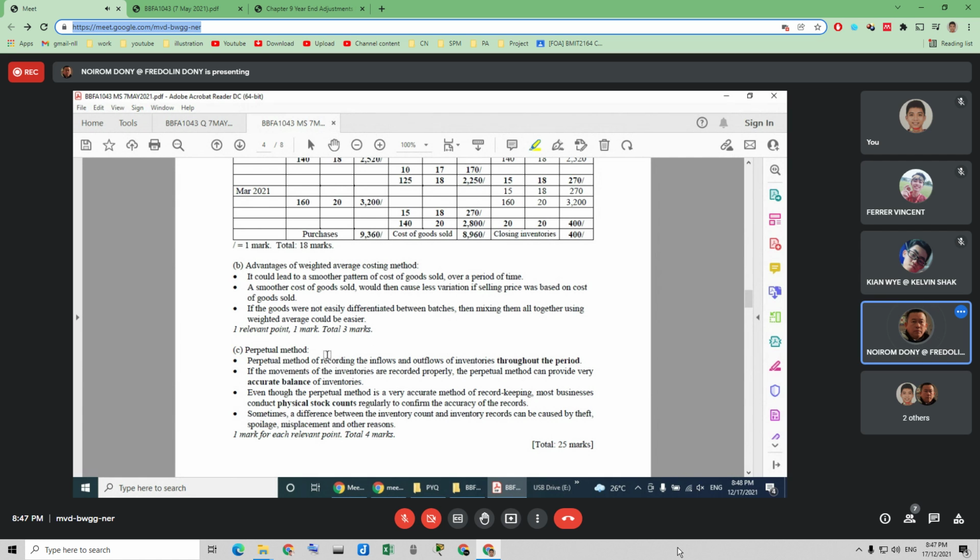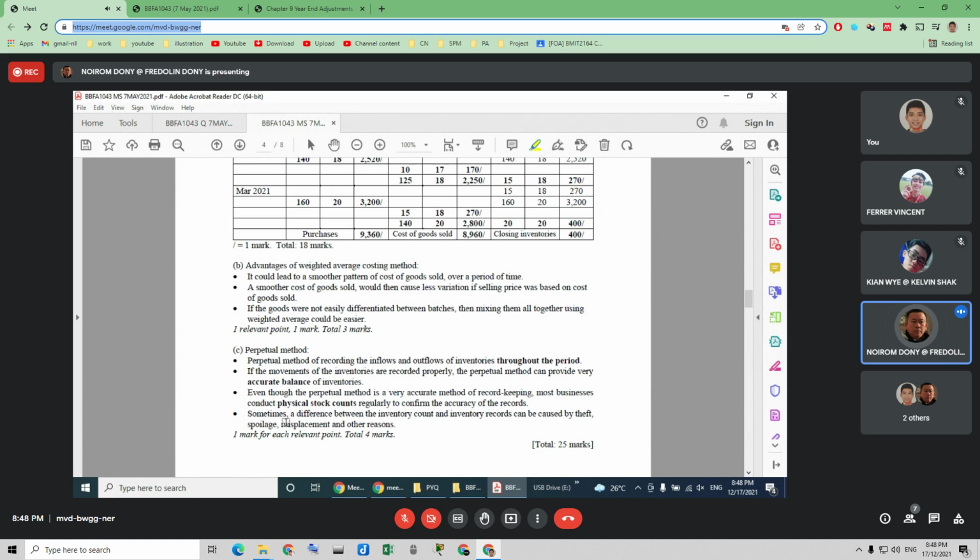And then state the benefit, which is that the movement of the inventory is recorded properly, so the perpetual method can provide accurate balance. Even though the perpetual method is very accurate, they still have to conduct a physical stock count, only to ensure that the amount recorded in the bin card is correct.